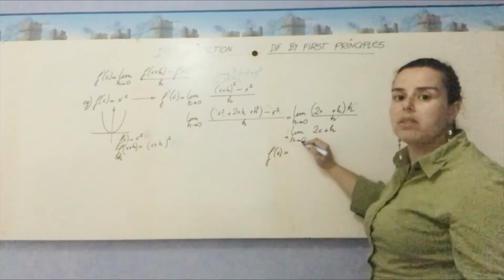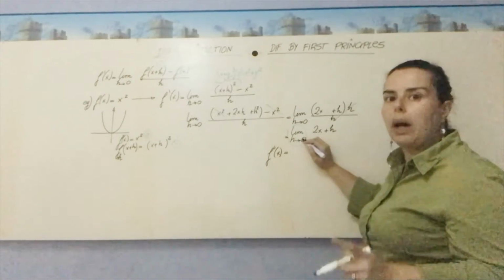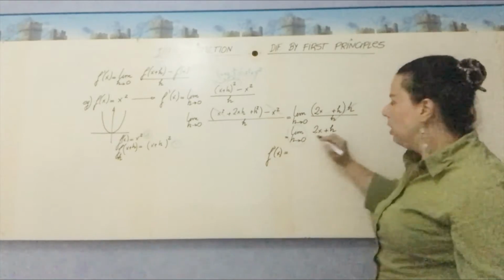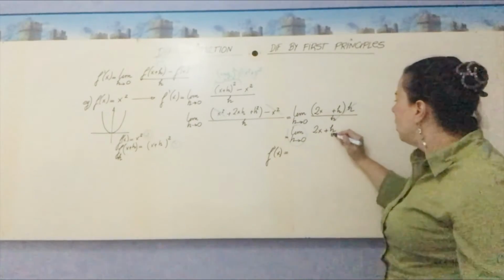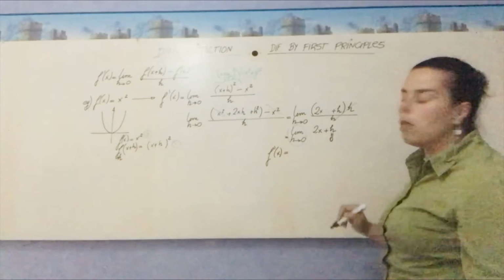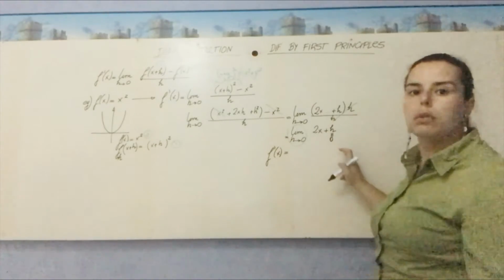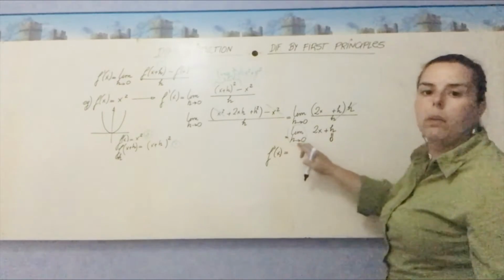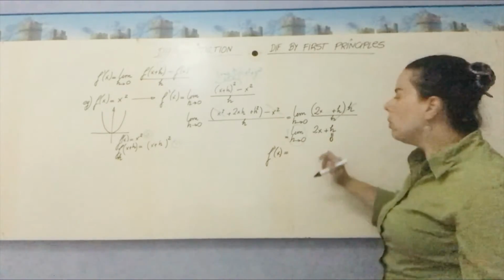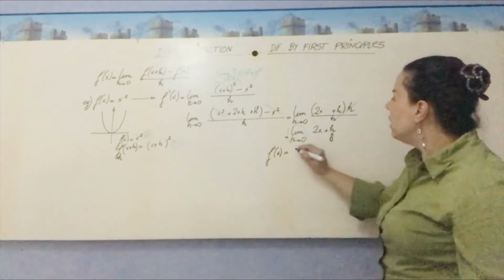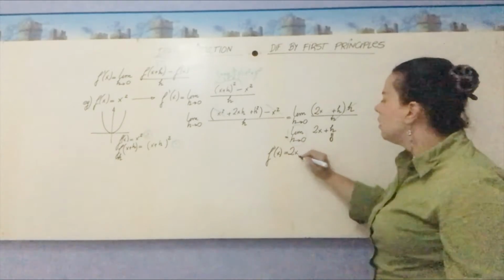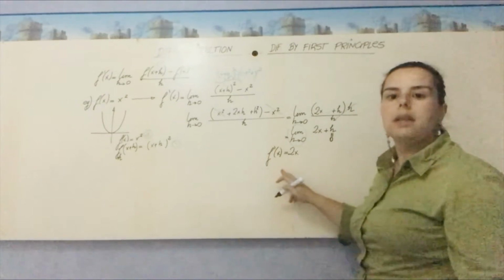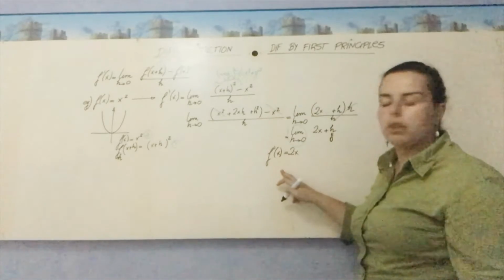So to all effects, h is a 0 unless it gives me trouble. It's going to be very, very close to 0. So 2x plus h, when h tends to 0, is going to be what? I can eliminate that: 2x. That is the answer that I'm searching for.